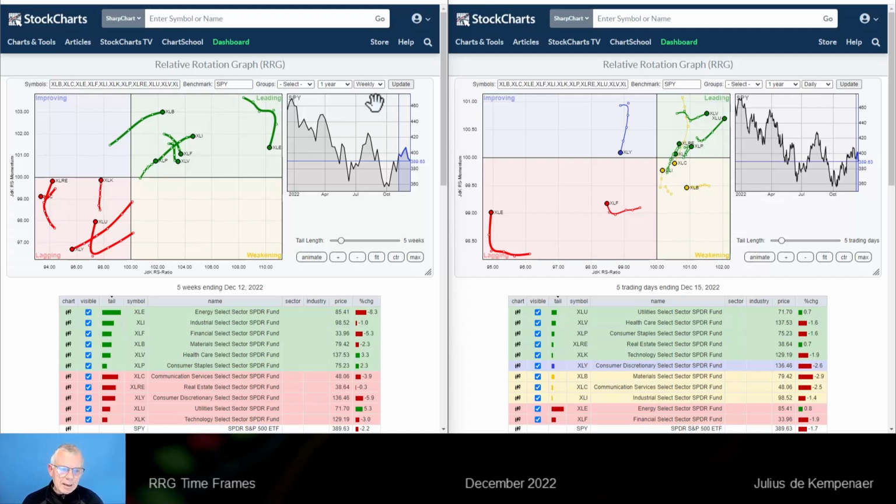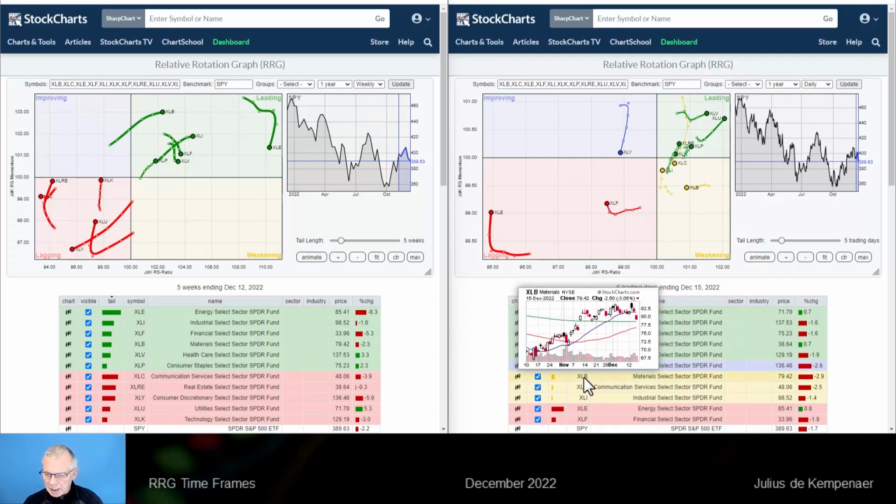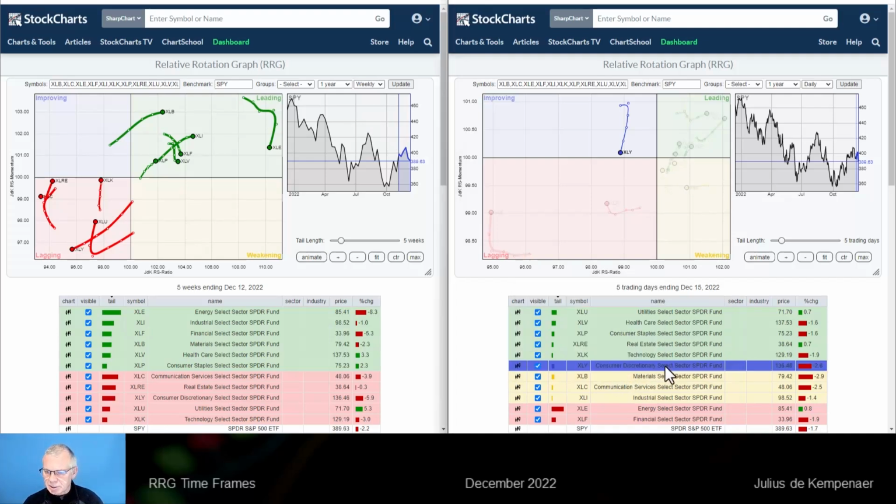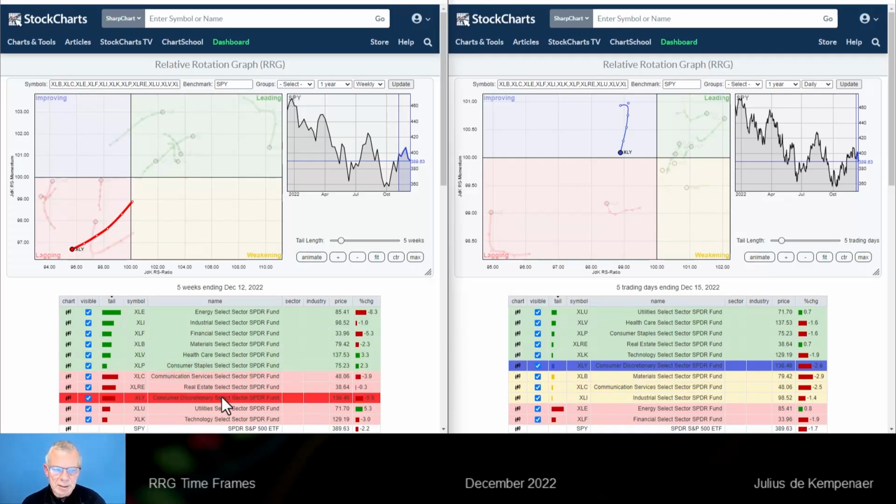And there's actually a good example in consumer discretionary that I found, so XLY, which I basically want to play out for you, want to talk you through the entire period. So let me highlight XLY, which is right here on the daily, and it is right here on the weekly. And you can already see some differences.